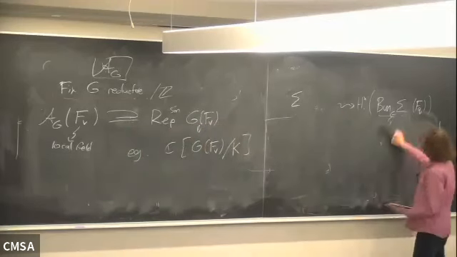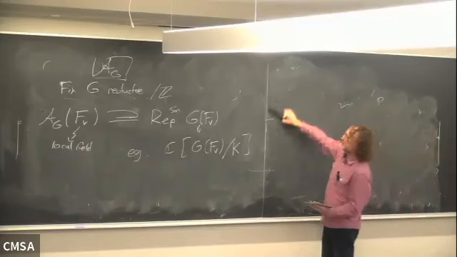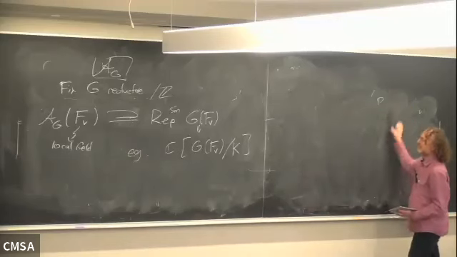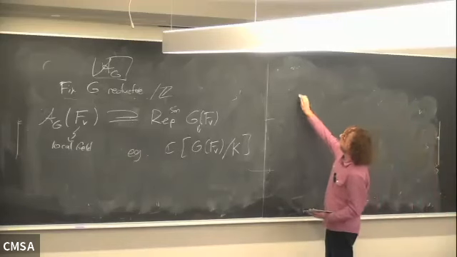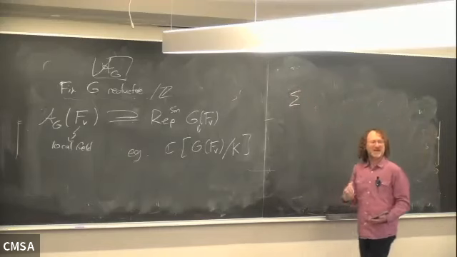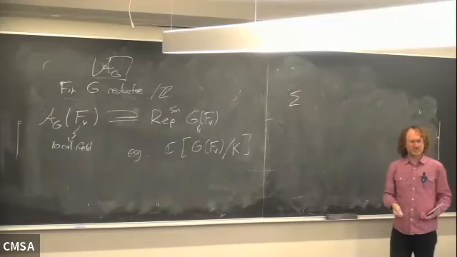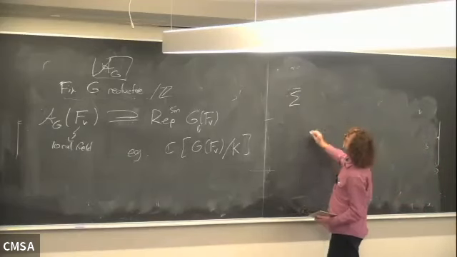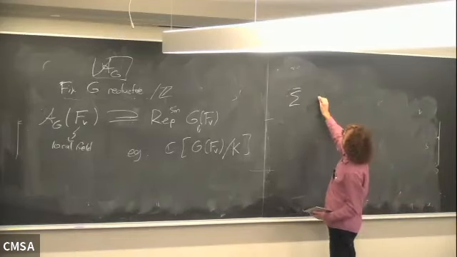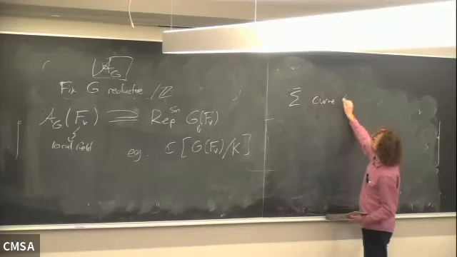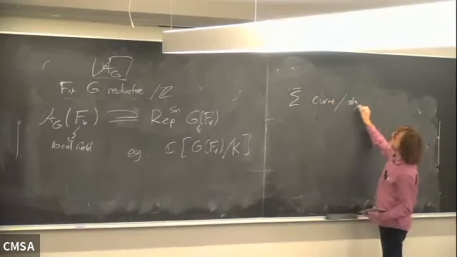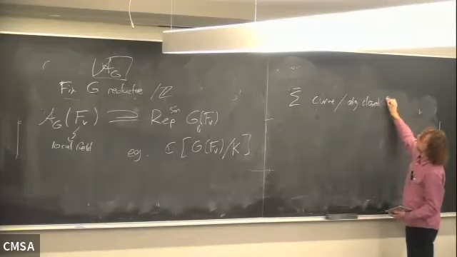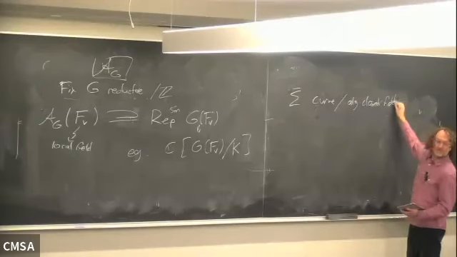why am I hemming and hawing about this? There's another class of two manifolds, right? The other class of two manifolds might have been just a two manifold, right? If I take a Riemann surface, let me just emphasize sigma bar, say if I have a smooth projective curve over an algebraically closed field, that's a good example of a two manifold.